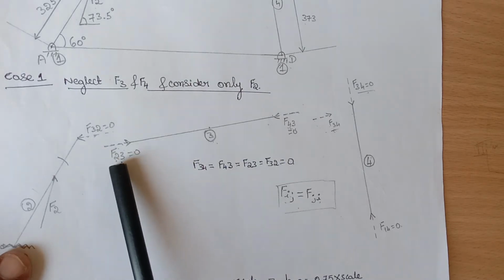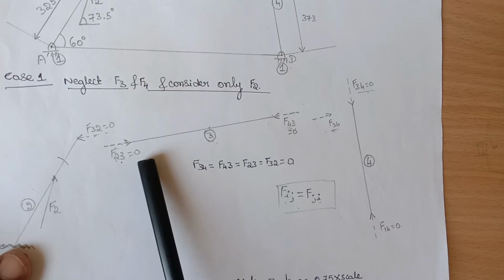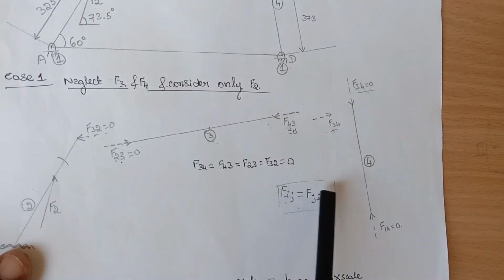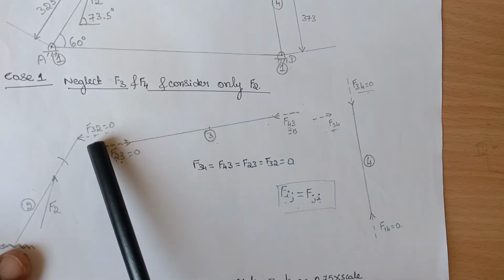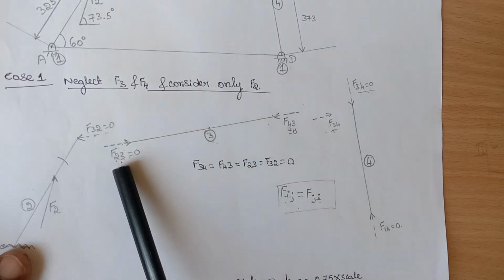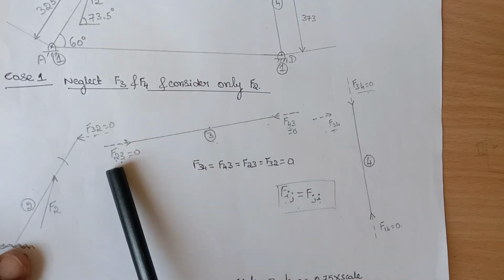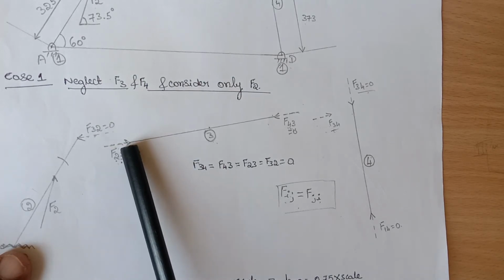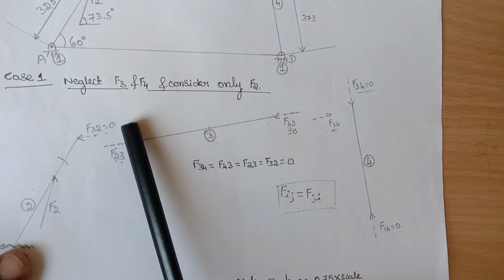According to this force convention, see here, Fij is equal to Fji. Therefore, F23 is equal to F32. When F23 is 0, F32 is also equal to 0 according to force convention. Okay, F23 is 0 and hence F32 is also 0.